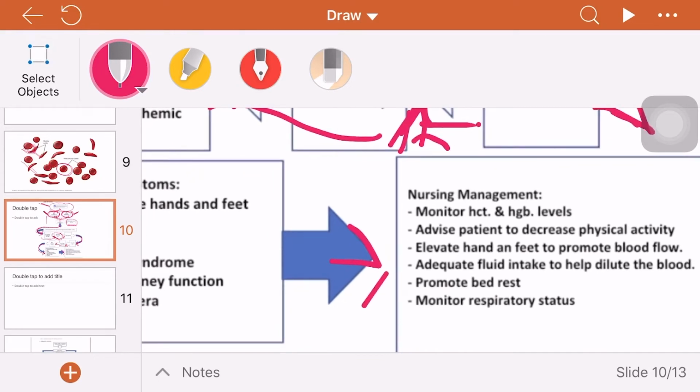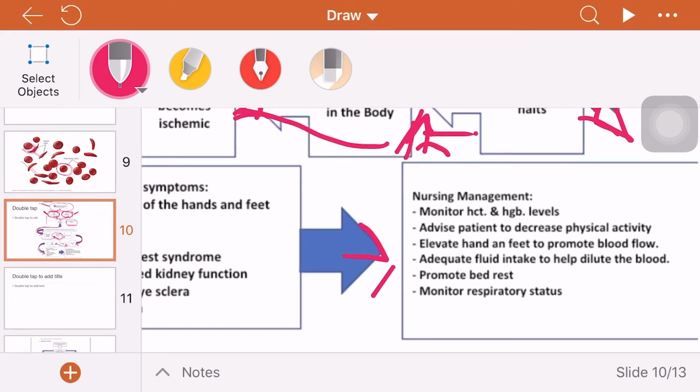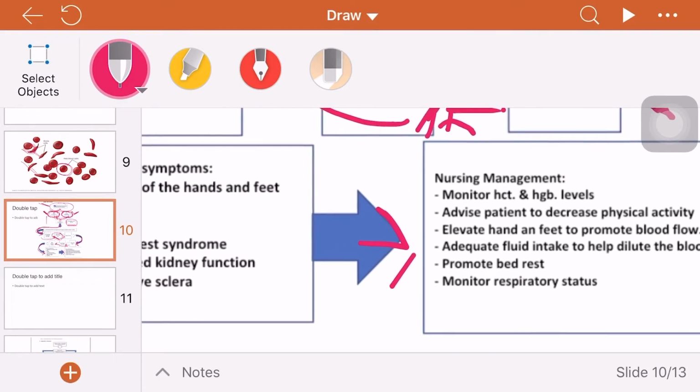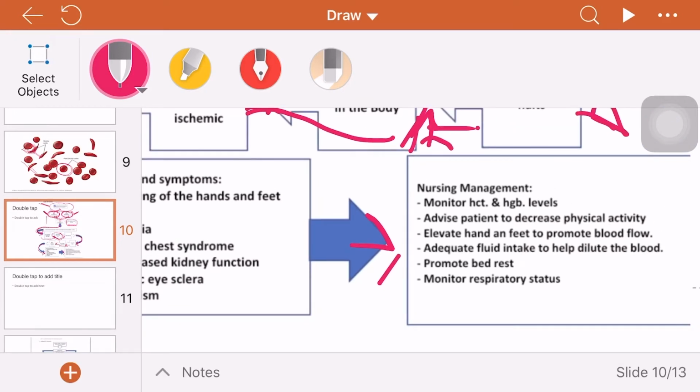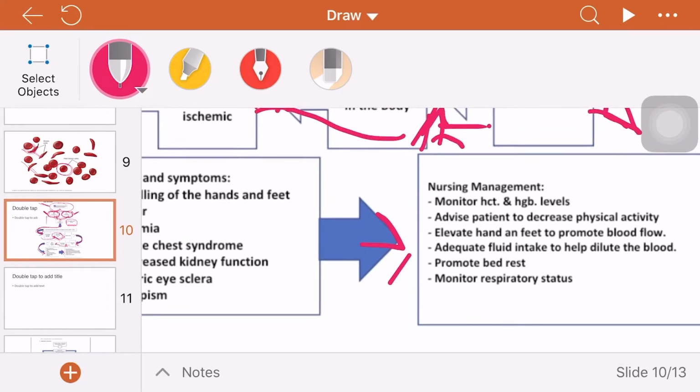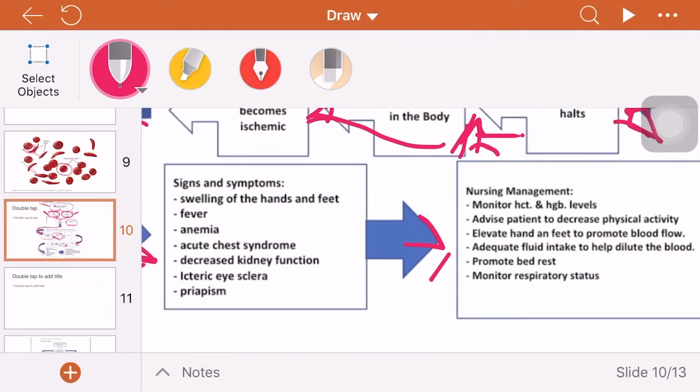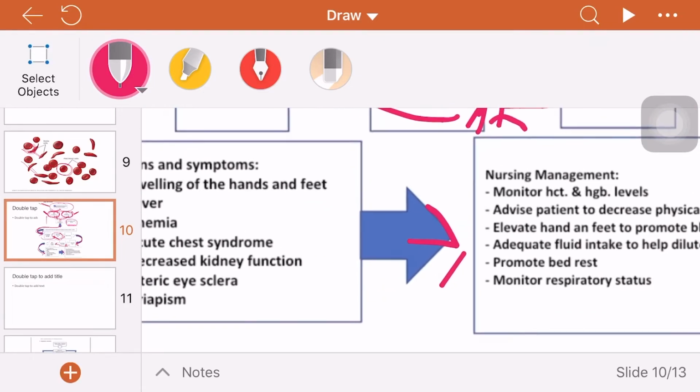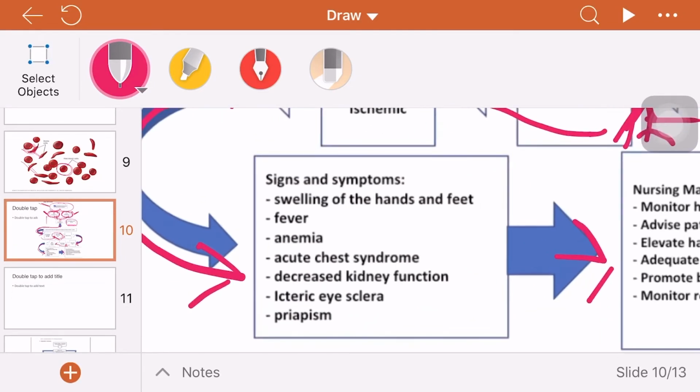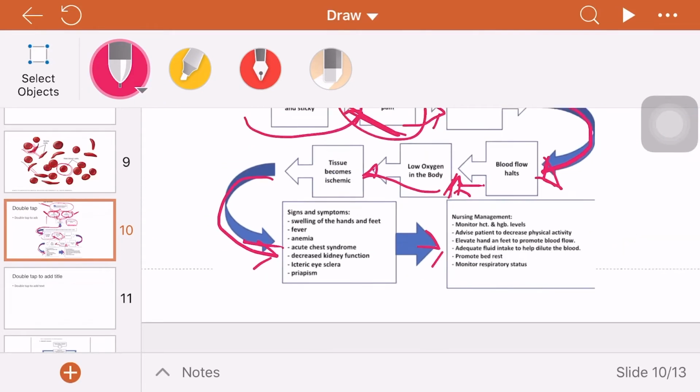Adequate fluid intake to help dilute the blood. Promote bed rest since this disease is very painful, and monitor respiratory status because the child is at risk for acute chest syndrome.